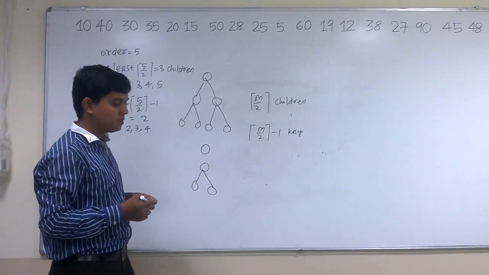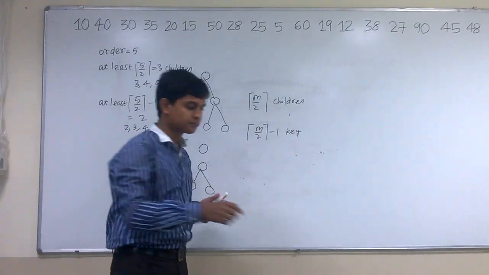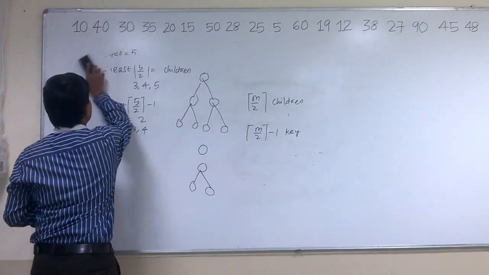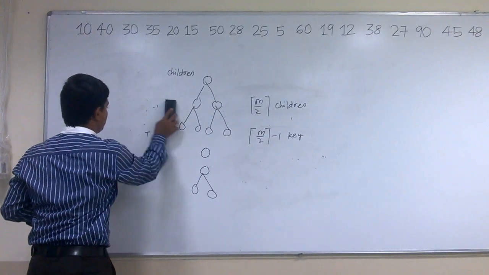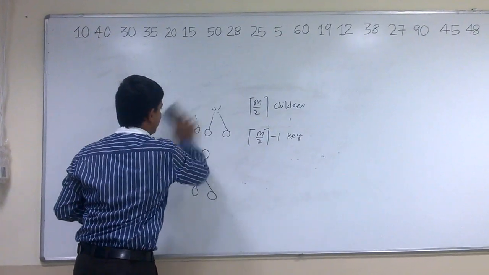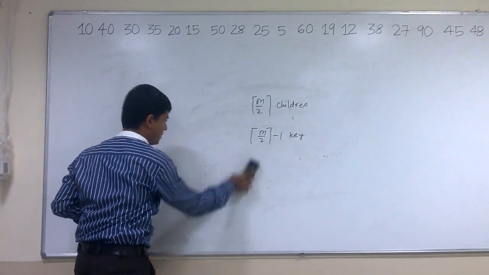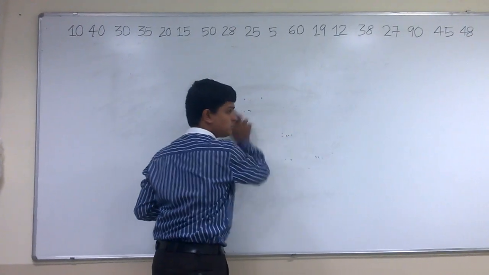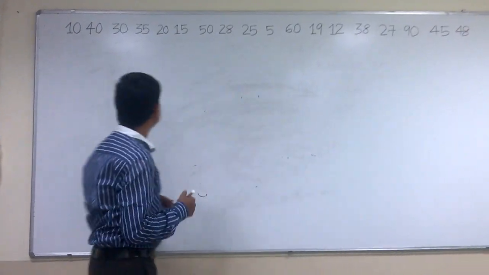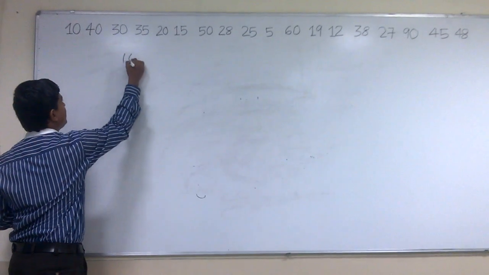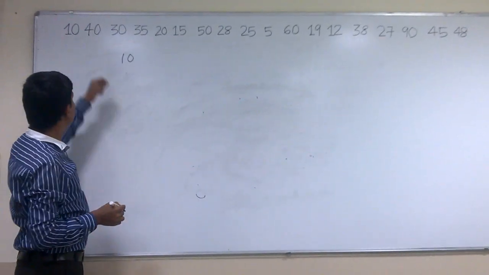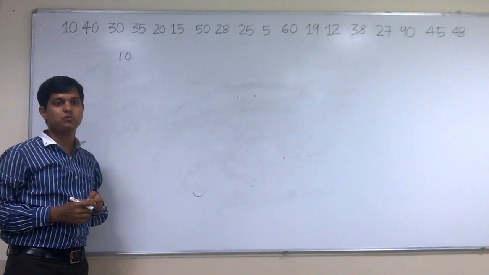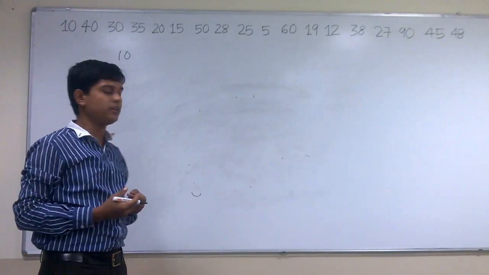Next, we will go for the construction of the B tree. For example, the first element to be inserted into the B tree is 10, so first we insert 10 into the B tree. The next element to be inserted is 40, and 40 is obviously greater than 10.